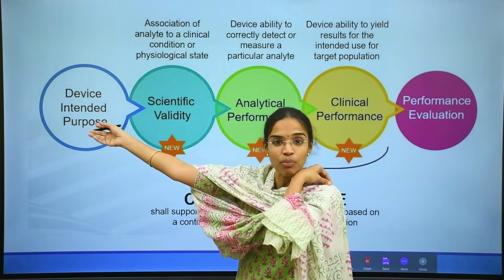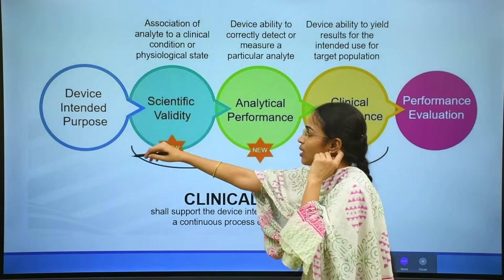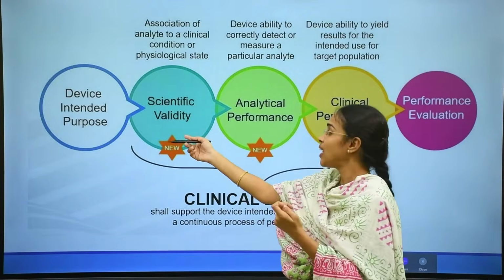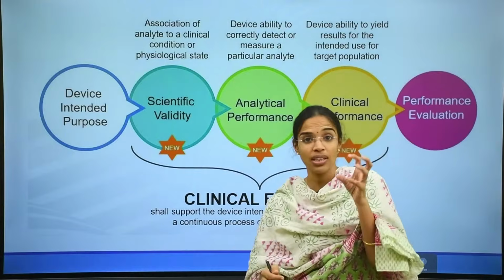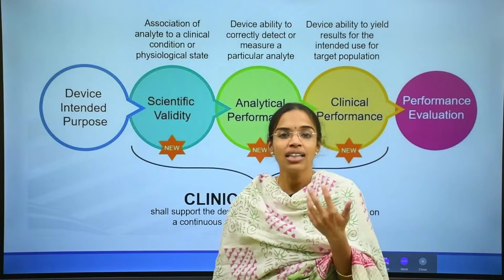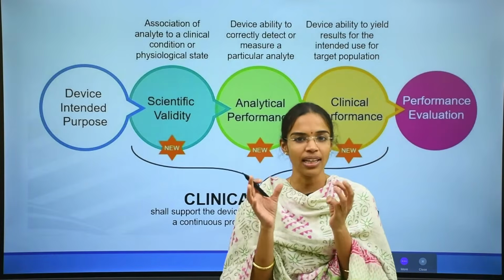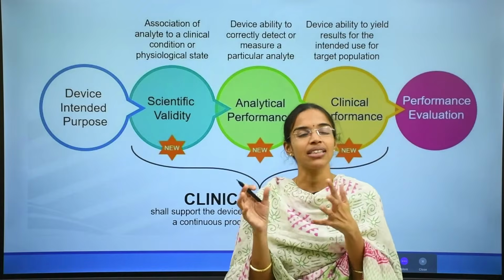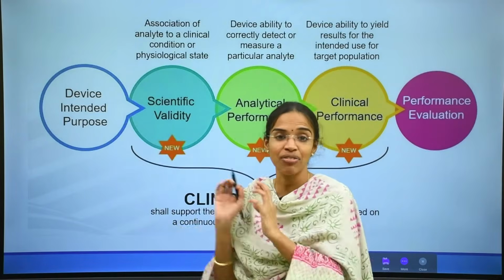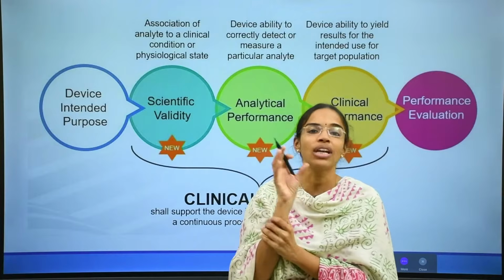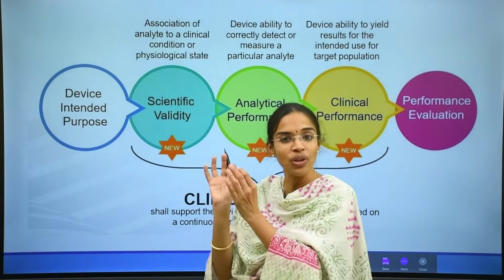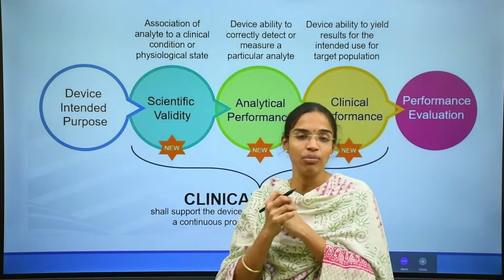The intended purpose of the device, its scientific validity, its analytical performance. We can see in certain medical devices that it is mentioned, it is not intended for this purpose, it should only be used for this, like these terms will be mentioned.